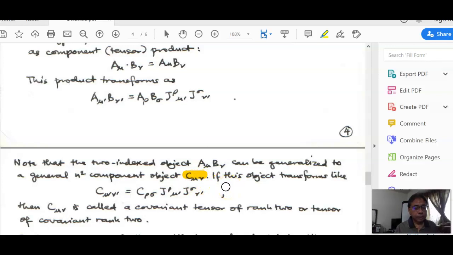It will depend on the reference frames, so one needs to know how this changes when you change coordinate systems. As we have seen for the tensor product between two covariant vectors, it will behave in the same way. This is what we call a covariant tensor of rank 2.